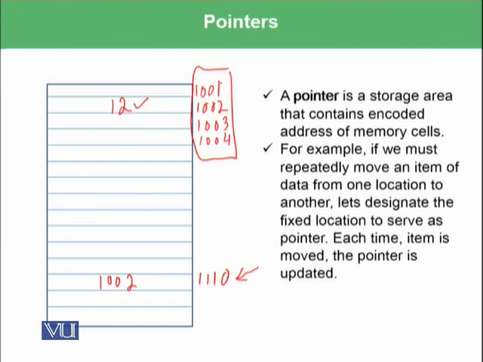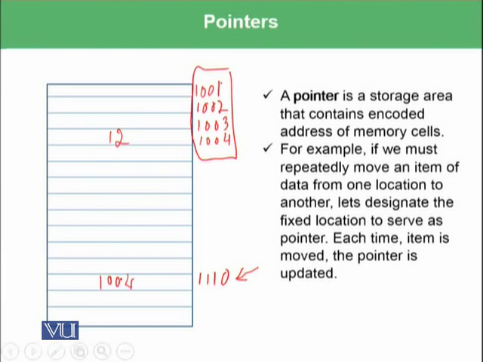So for example, if we must repeatedly move an item of data from one location to another, let's designate a fixed location to serve as a pointer. Each time the item is moved, the pointer is updated. So for example, first time this 12 was stored at 1002, and next time we want to store this 12 at 1004, so we will just update the address.